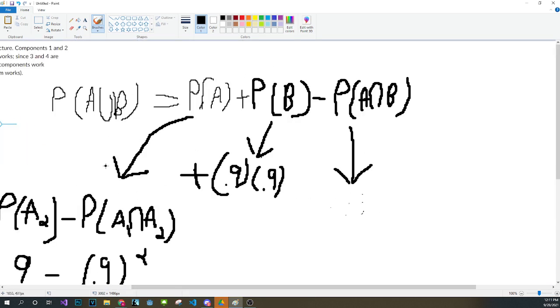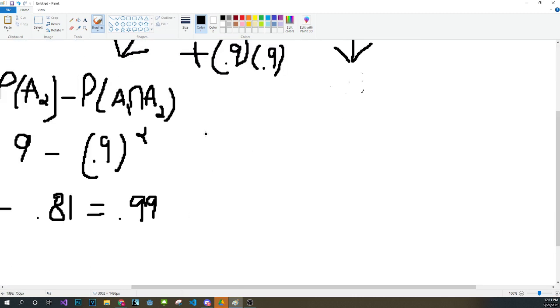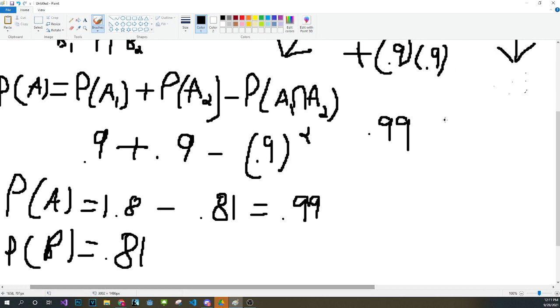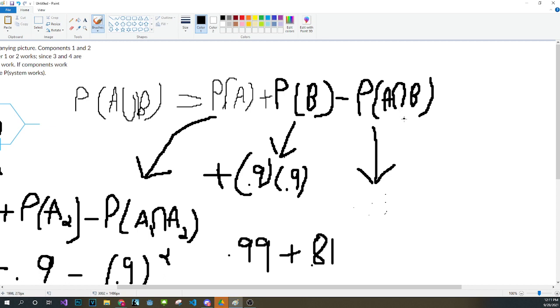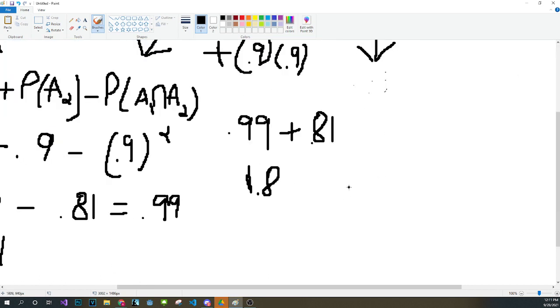So let's bring those together: 0.99 plus 0.81 gives us 1.8 again, and we have to subtract A cap B, and A cap B is 0.99 times 0.81.